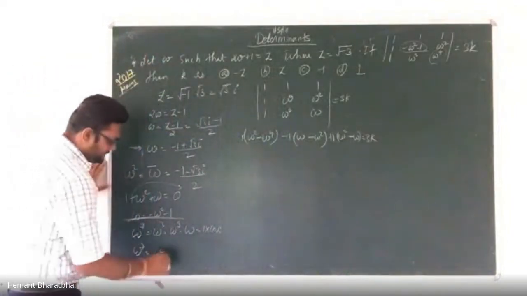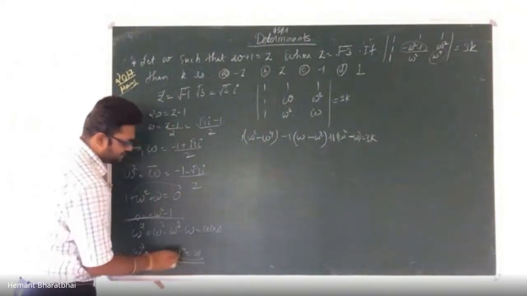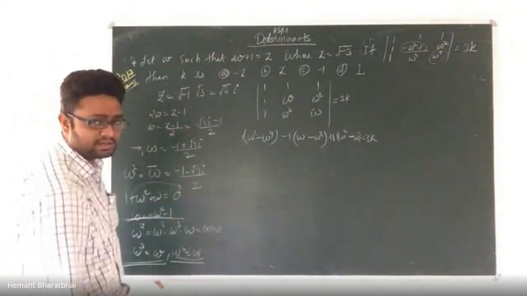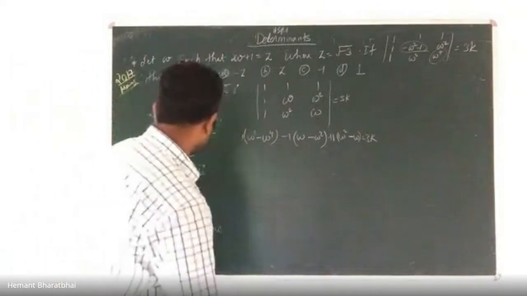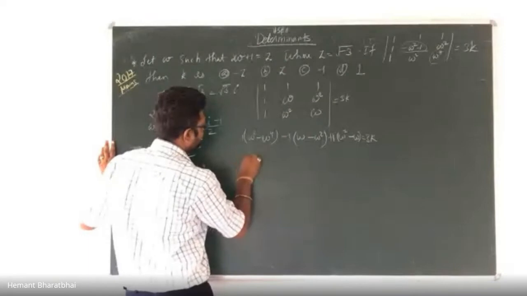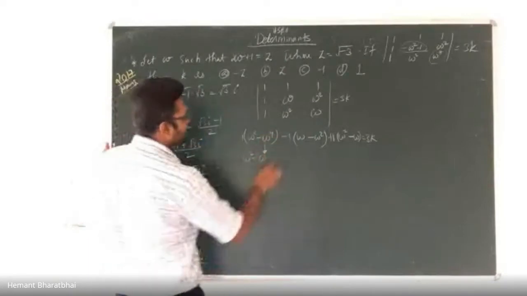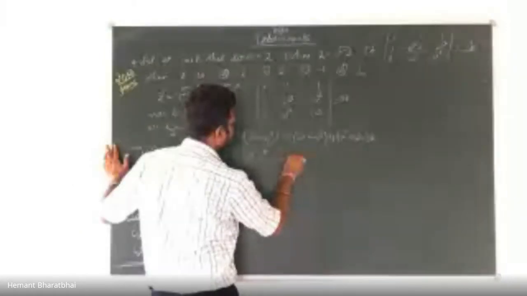Omega raised to 4 will also be omega, which can be written as omega cube into omega. Omega cube is 1. Therefore, omega raised to 4 can also be written as omega. So I get this omega square minus omega. This will become minus omega, minus this will become plus omega square.